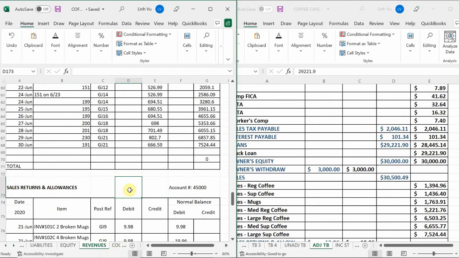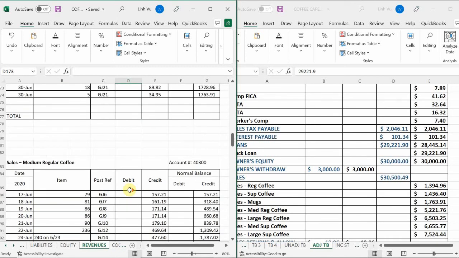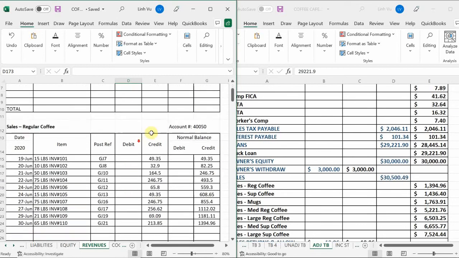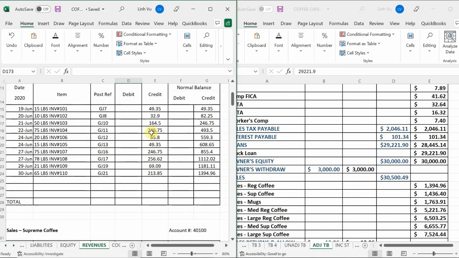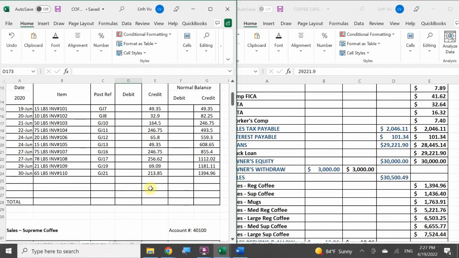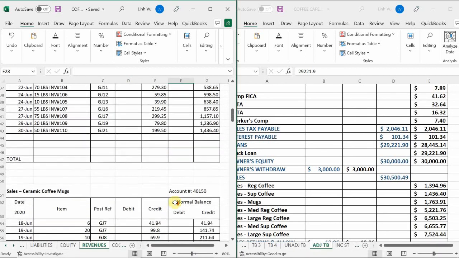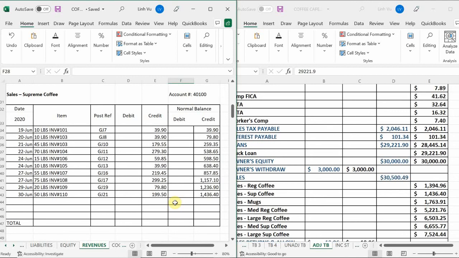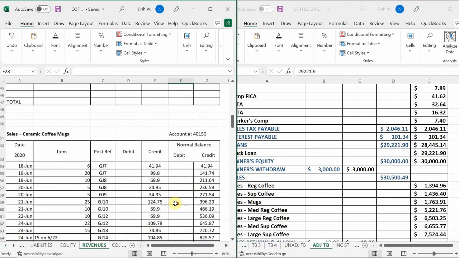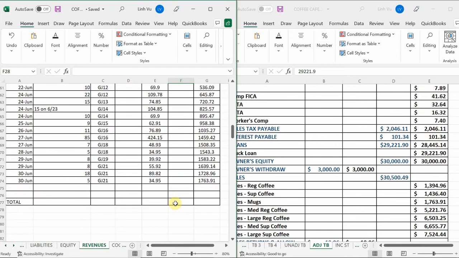My revenues. Revenues, we didn't make any real changes, but we should just double check. Is my sales for my regular coffee 13,94.96? My Supreme coffee is 14.36. My ceramic coffee mugs is still 17.63.